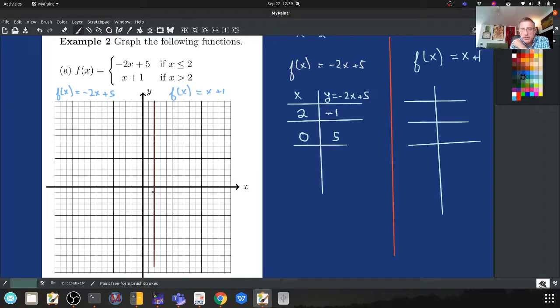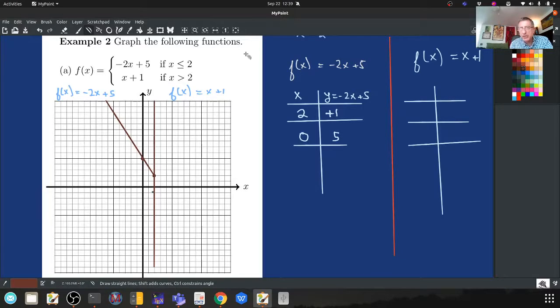So let's plot the right thing here: 2 and 1, and 0 and 5. And now literally all we do is we draw our line, and that's part of the graph right there.